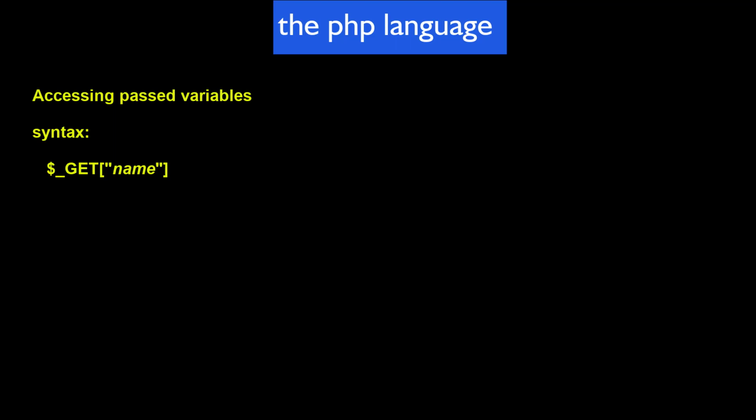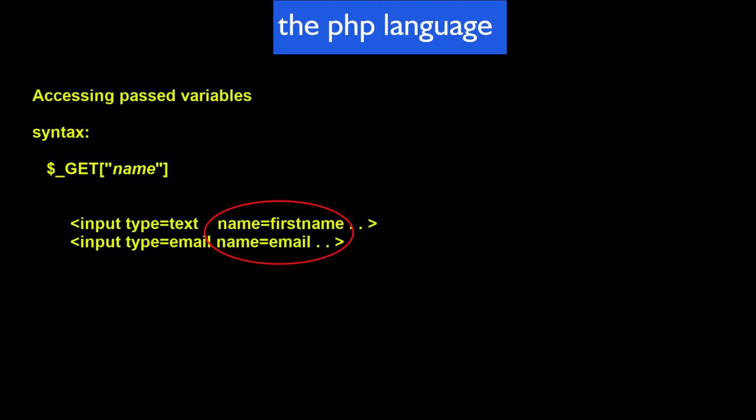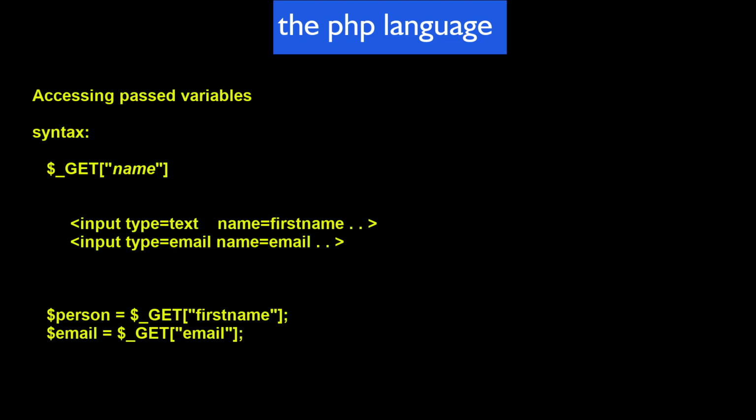Name is the name used in the query string, which was the name used in the control in the form. For example, $person = $_GET['first name']; and $email = $_GET['email']; So a PHP variable is assigned the value of the past control.